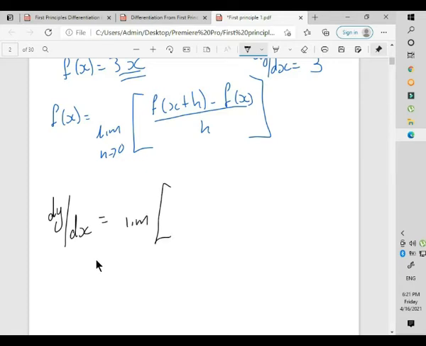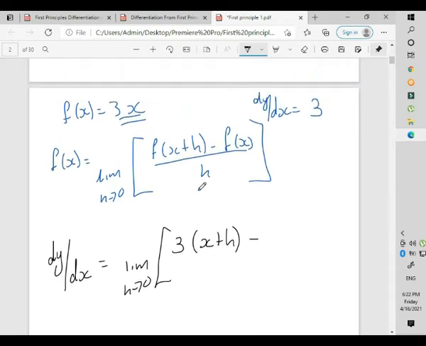limit as h approaches 0. So 3, wherever I see x, now I'm going to put x plus h, negative sign, and f of x is 3x. I'll say this right now: always use brackets for that part.